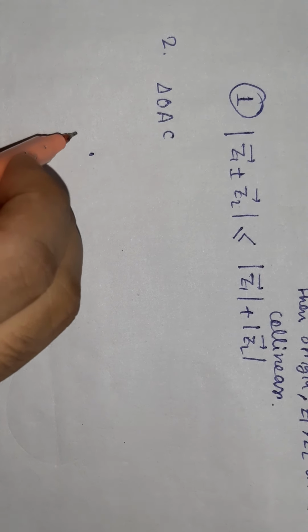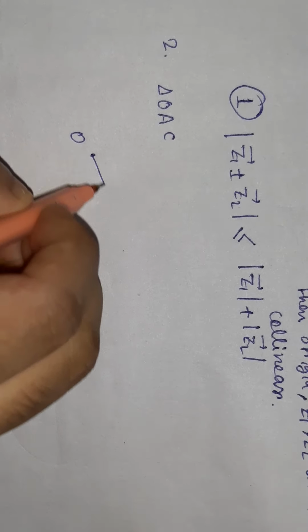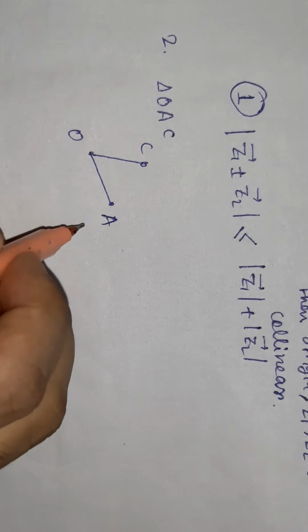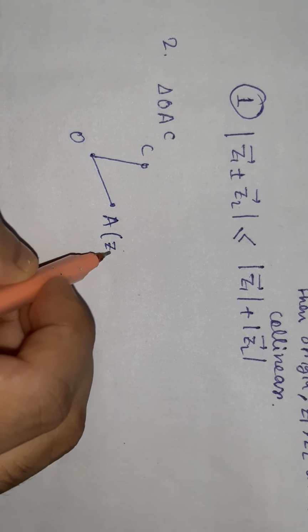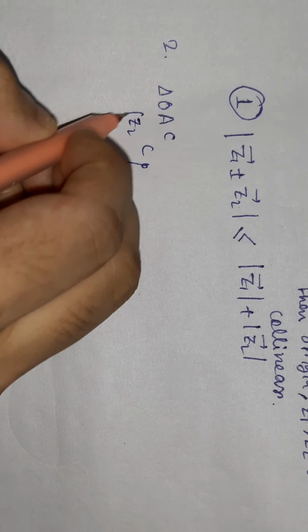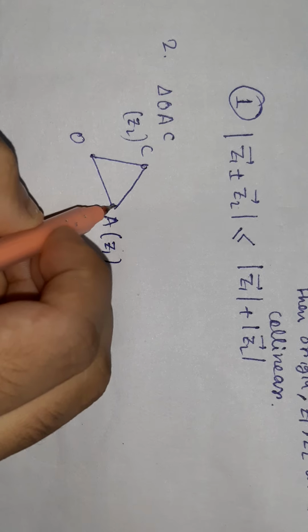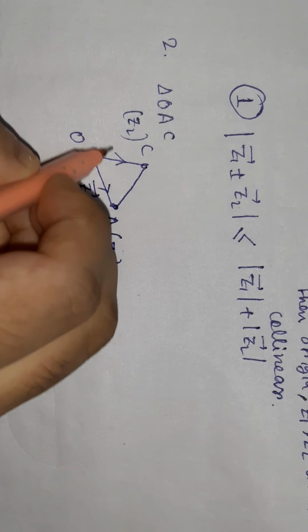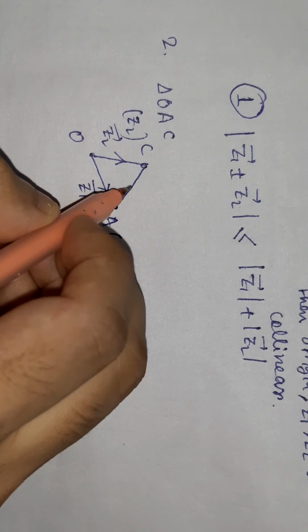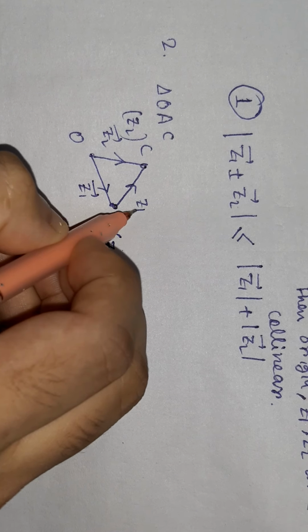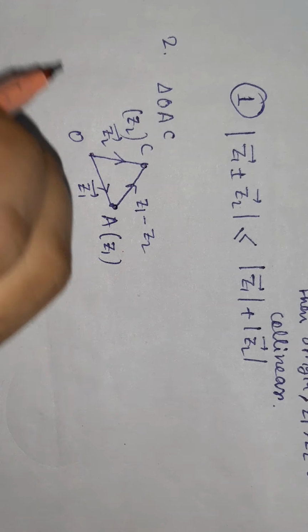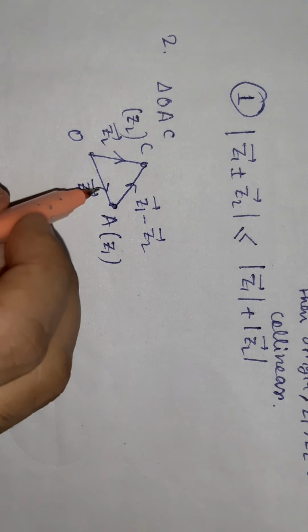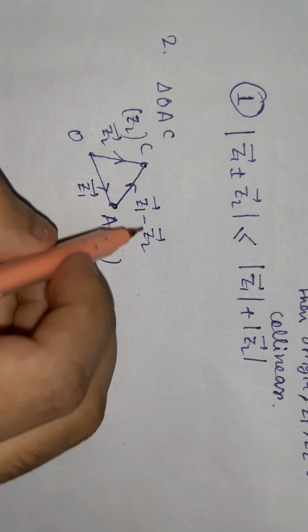If we consider the picture again, OA corresponds to Z1, OC corresponds to Z2, and this AC will correspond to Z1 minus Z2 vector.